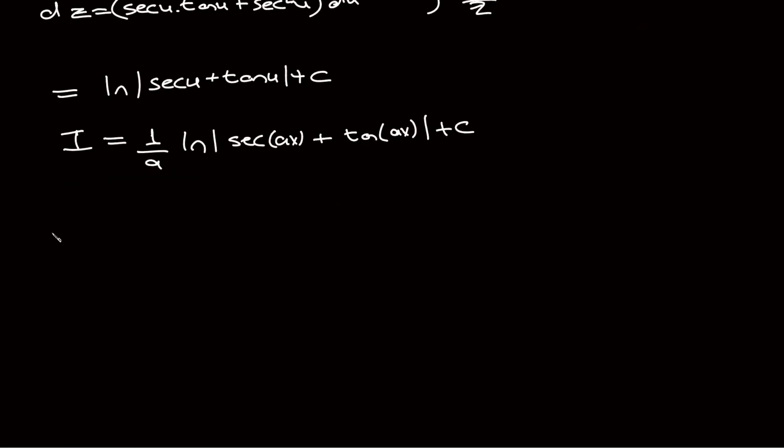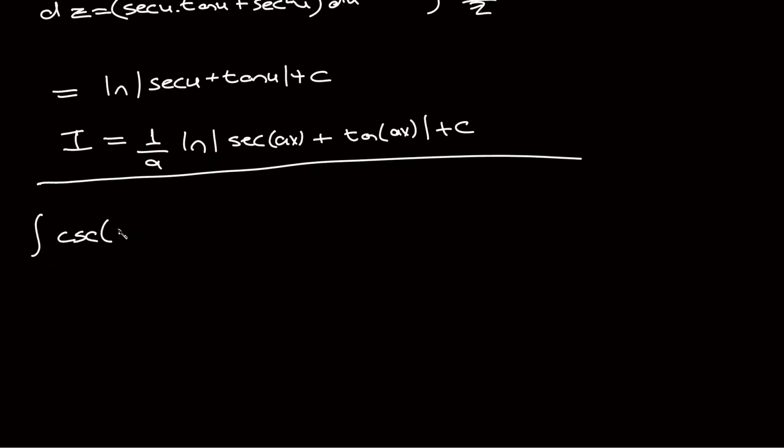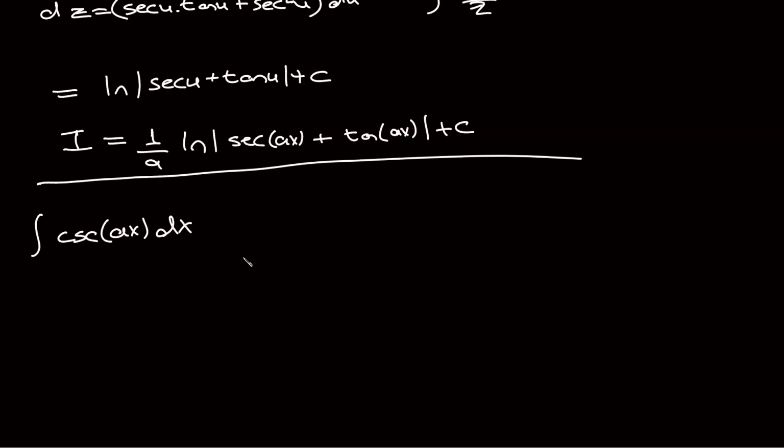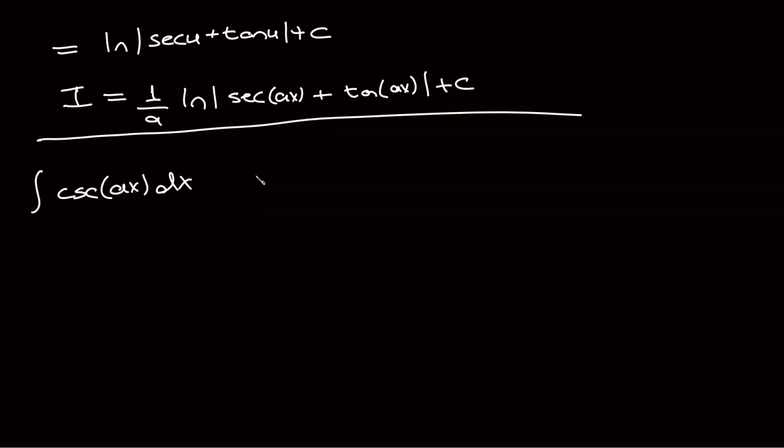Or maybe I can show how to integrate cosecant of ax dx. If you learned anything from this integration, you will understand that we will do the same thing. ax is going to be u, du is going to be a dx, and dx is going to be 1 over a du.